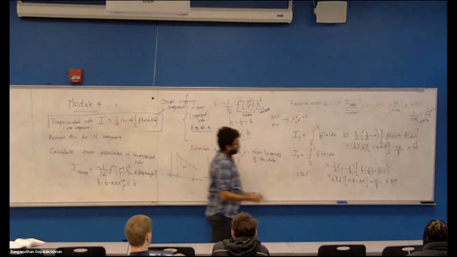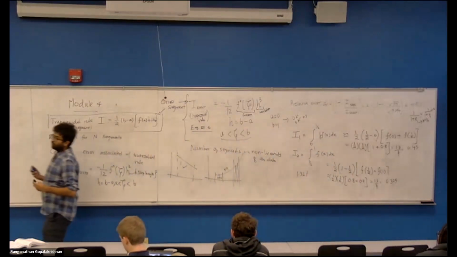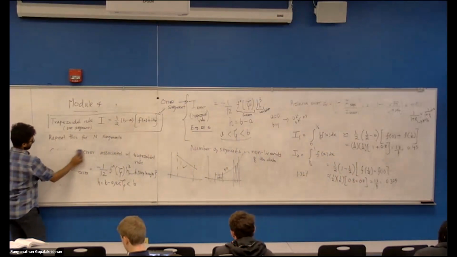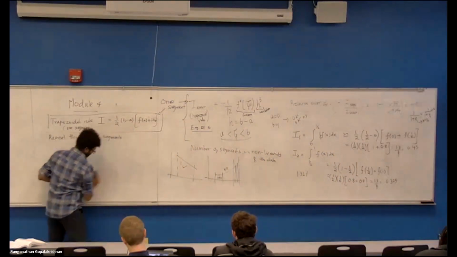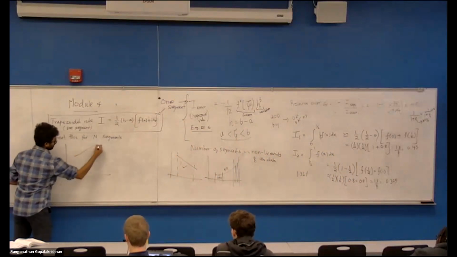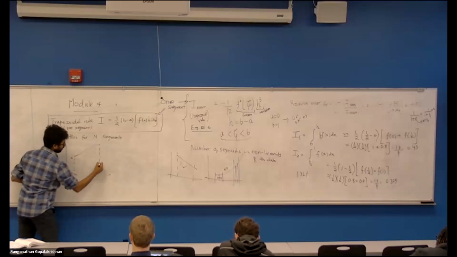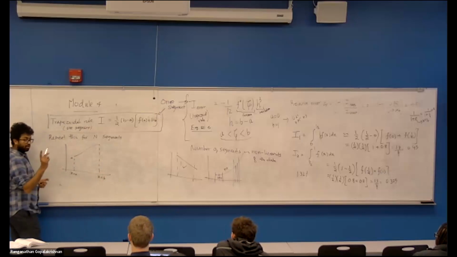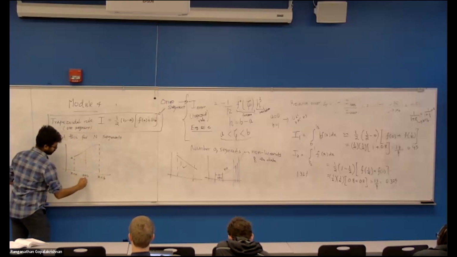So how do you get the formula for the integral value when you have multiple segments? Say for example you have a function, x equal to a, and then x equal to b, and you choose to do this with two segments. So the midpoint would be a plus b over 2.